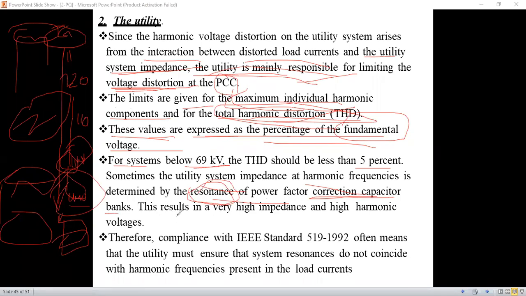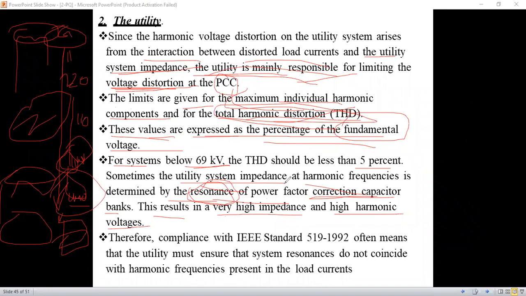Because of this, what is going to happen is that this results in very high impedance here now. The impedance of the system will be very high, and high harmonic voltages are produced over there. So under the resonance condition, the utility system impedance will change at the harmonic frequency.